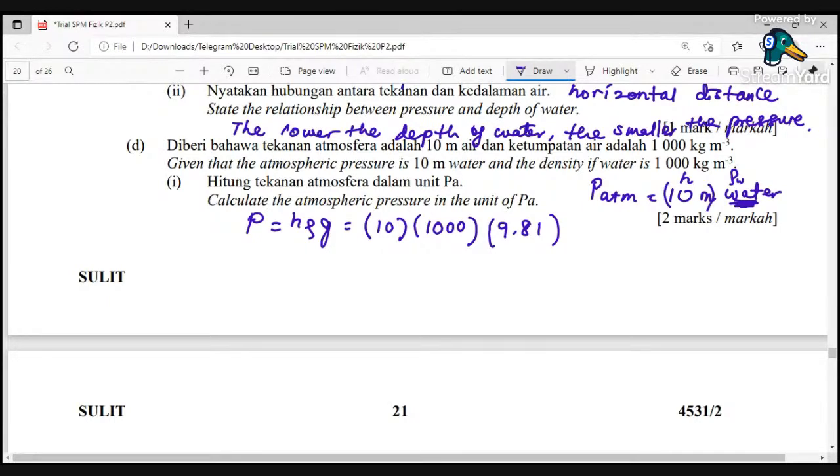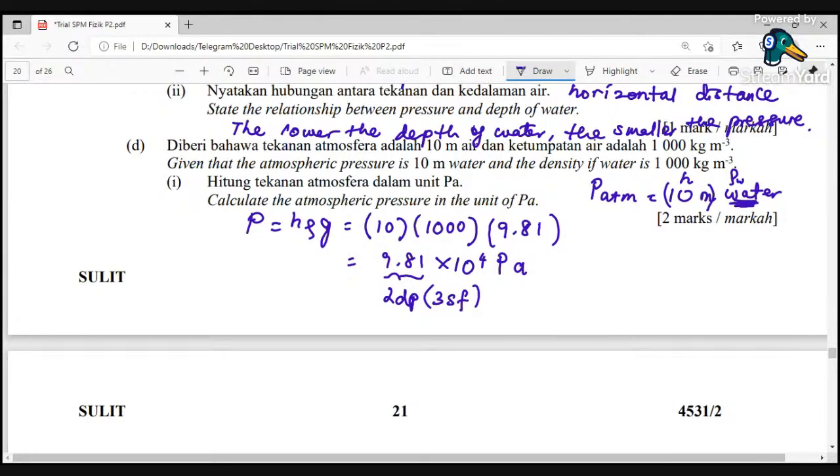So you will get the answer, you can write the answer in standard form, 9.81 times 10 to the power of 4 Pascal. Okay, don't round off. This one is 2 decimal places, at the same time 3 significant figures.